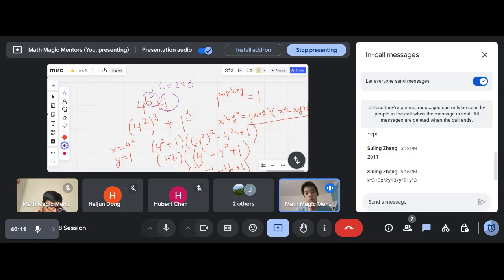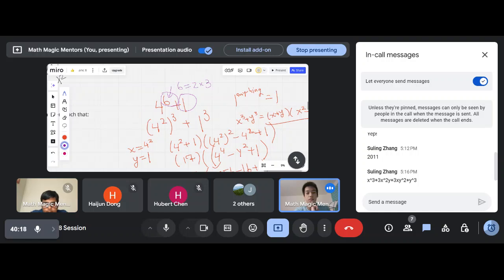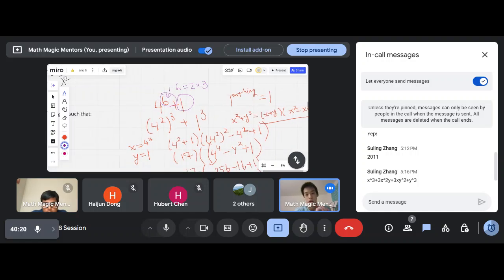And noticing that 1 can be written as 1 to any power. So in that case, it's kind of like a perfect power, right? 1 can be written as a square, as a cube, as a fourth. It can be written as anything. So 1 is a really nice number for factoring these types of expressions.